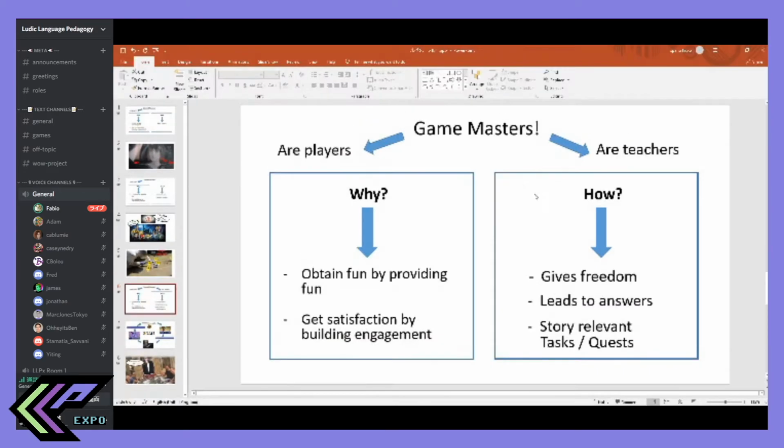And in this, I will now argue that game masters are very similar to teachers. Another point to support this statement is that game masters create tasks, story-relevant tasks and quests. The game master's goal is for the players to go on in his story, to go to the next step of the story, and every task he creates is done for that goal.